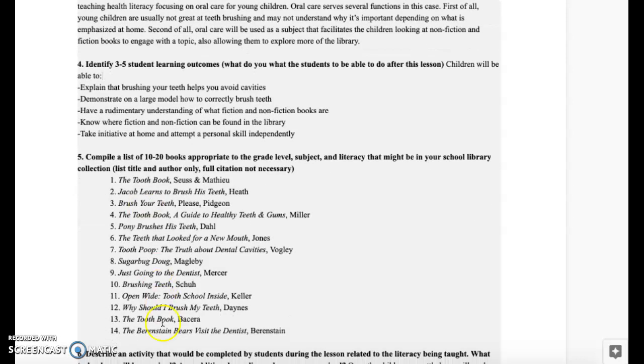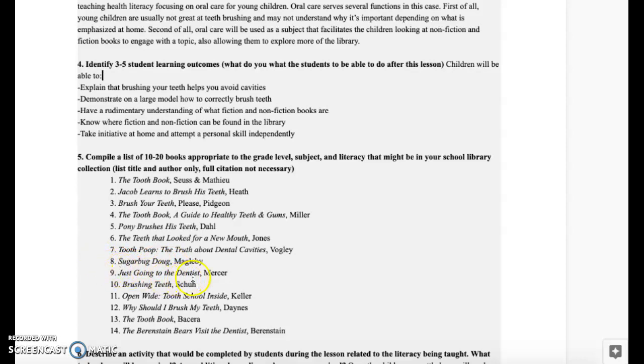I've compiled a list of 14 books appropriate to this grade level and subject. They are very different. Some of these are funny picture books, like The Tooth Book by Dr. Seuss. The Teeth That Look for a New Mouth is a very funny picture book. Sugarbug Doug is a funny picture book. Some of these books are picture books about going to the dentist.